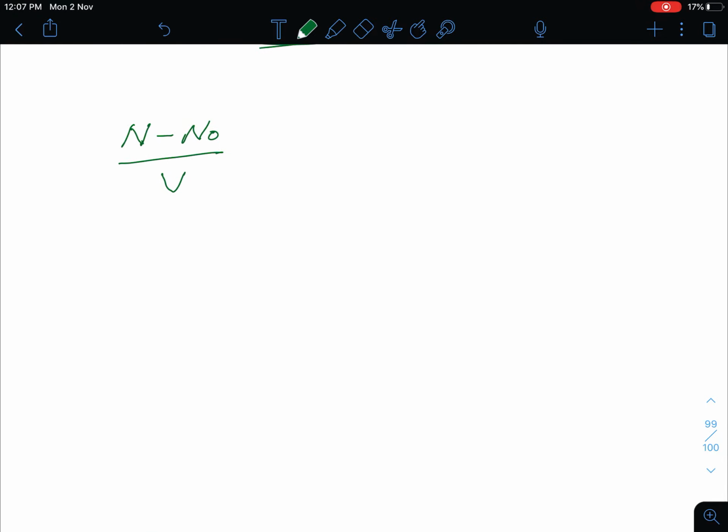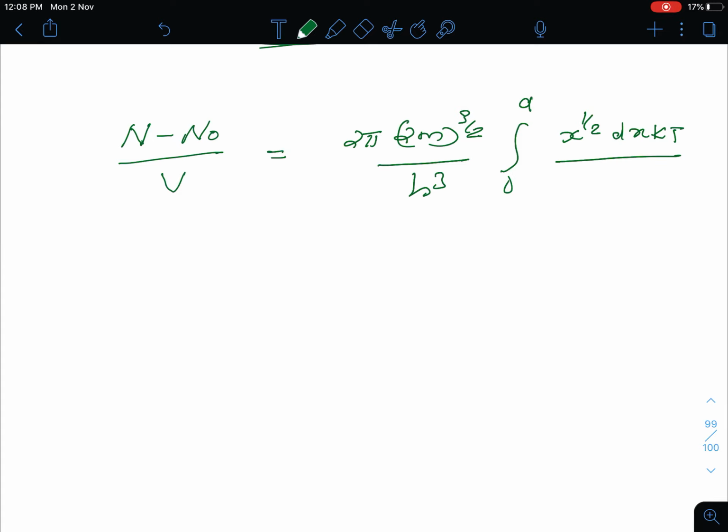Okay. n minus n0 by v is equal to 2 pi into 2m raised to 3/2 divided by h cube, integral 0 to infinity x raised to half dx. I hope you remember. You will be having kt dx, kt dx, divided by, you will be having some kt raised to half, then z raised to minus 1 e raised to beta minus 1.